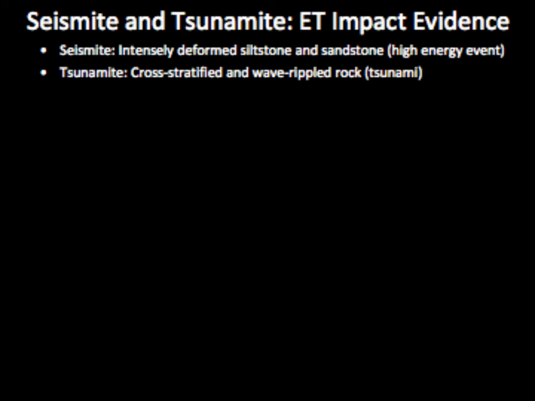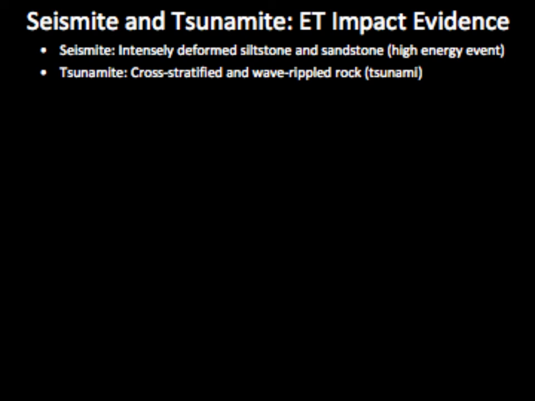The evidence for extraterrestrial impact is a little bit more sporadic, and some of you might have encountered some of this in your research. It's a little bit harder to find, but there is evidence supporting extraterrestrial impact at the end of the Triassic period, and a prime example comes from some cross-sections from the United Kingdom and involves two things, seismite and tsunamite.